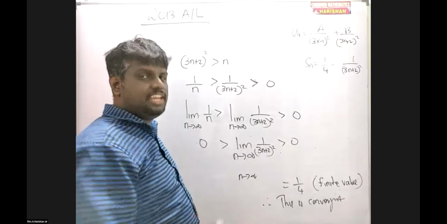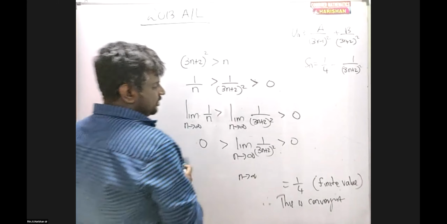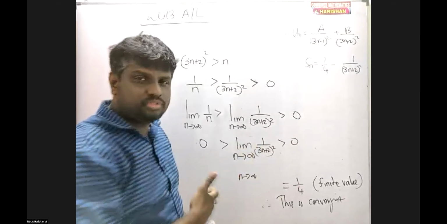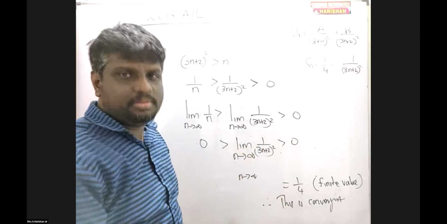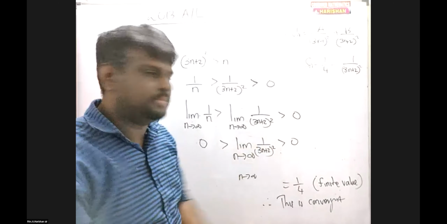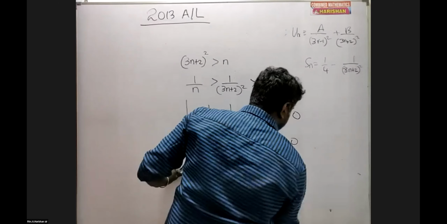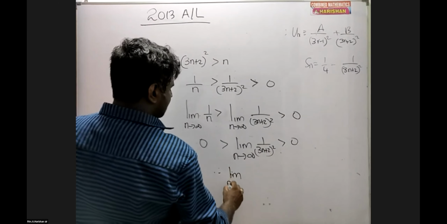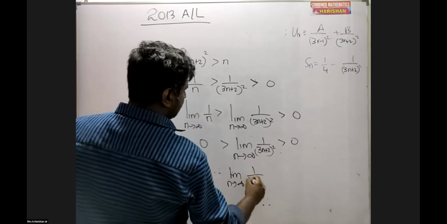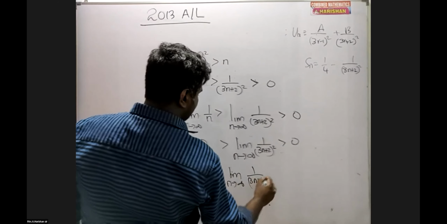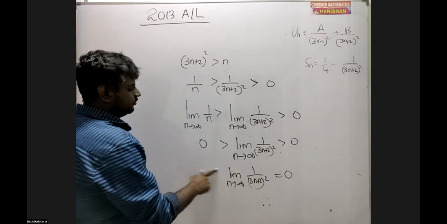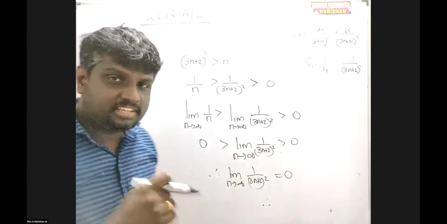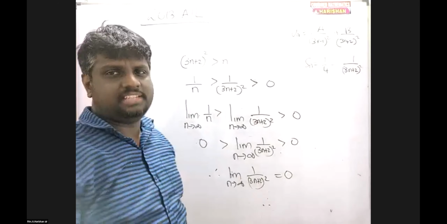So by the sandwich theorem, if the two outer parts go to the same limit, the value is that number. So the limit as n tends to infinity of 1 over (3n plus 2) squared equals 0. This is the justification. Justification comes like this.